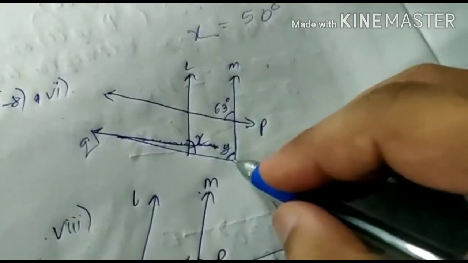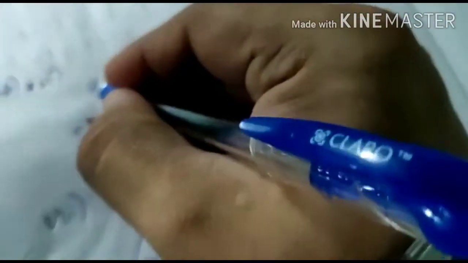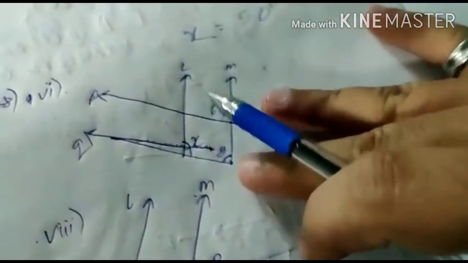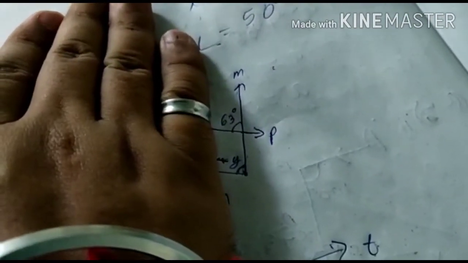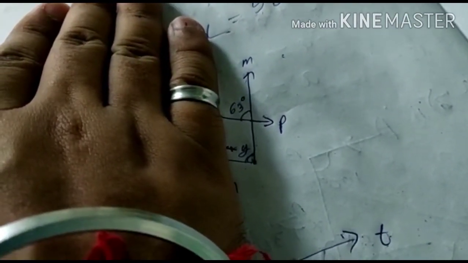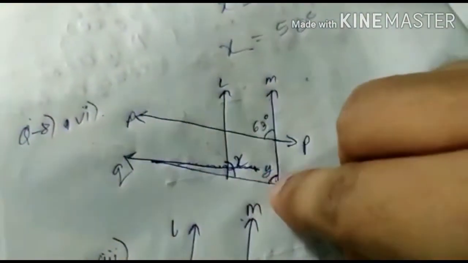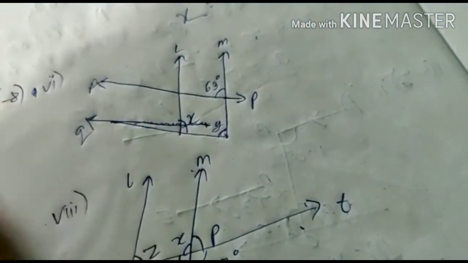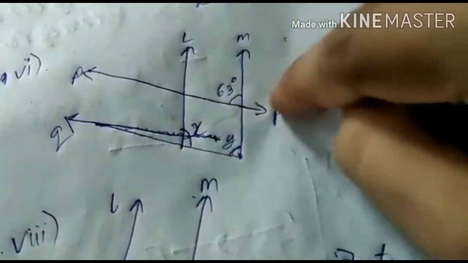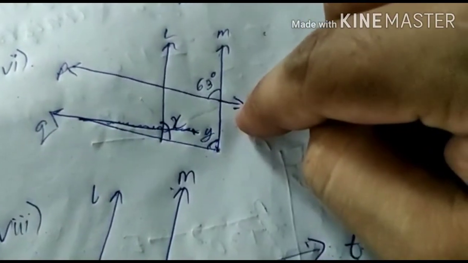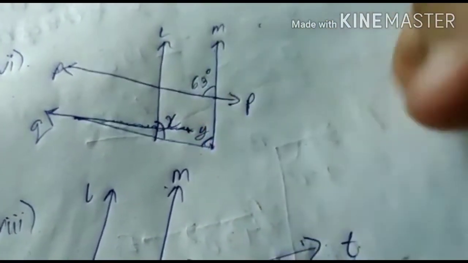Okay, if we check here, P and Q are the two parallel lines. This is P and this is Q. When two parallel lines are cut by the same transversal, that is M, and we see this y and 63 degrees are on the left side of the transversal M, on two different parallel lines, and present at the upper part of the parallel lines.